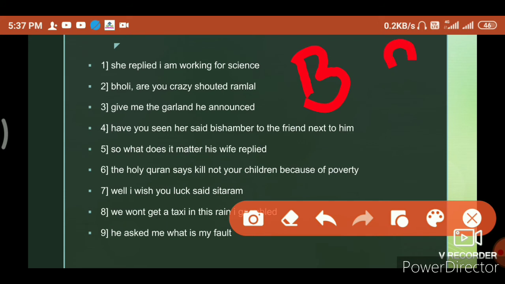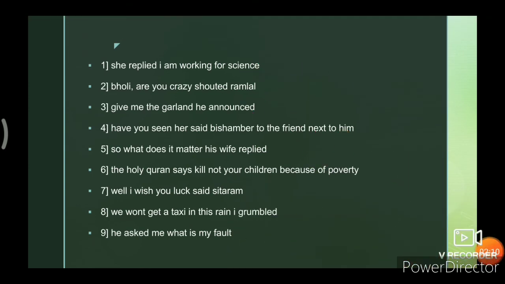After crazy you have to give a question mark and close the double inverted commas, and you write Ramlal's R in capital letter. In this way you think over it and punctuate all these sentences carefully to get 2 marks. Here I have given some examples.